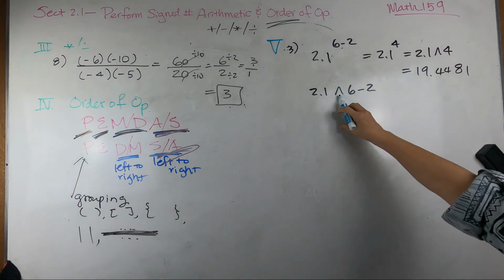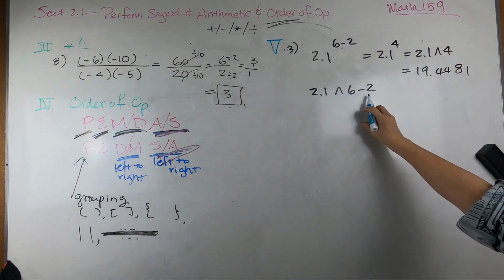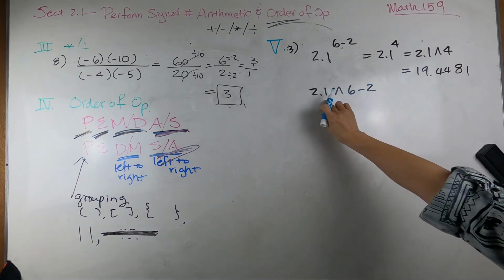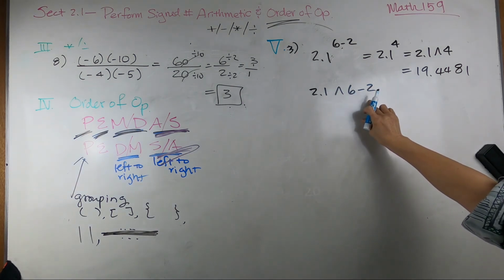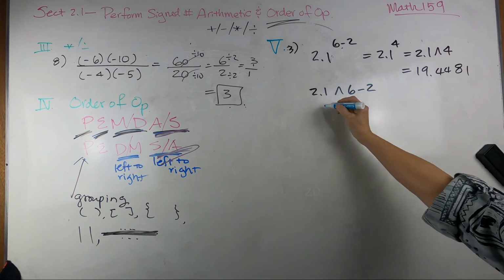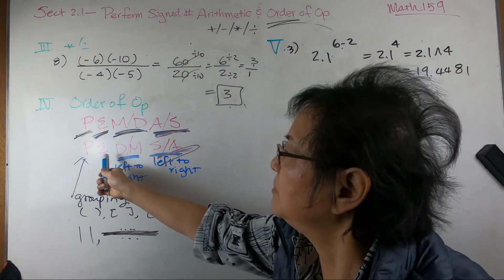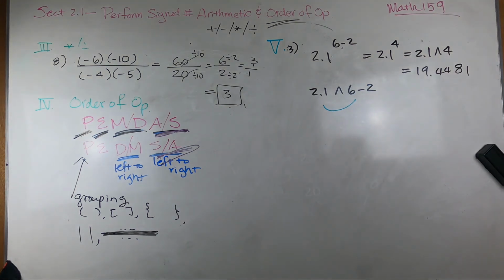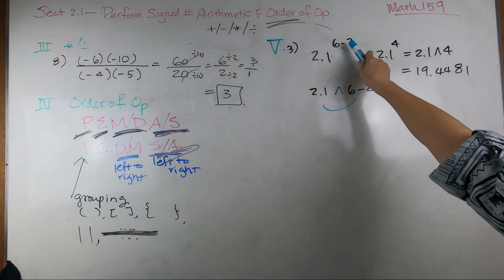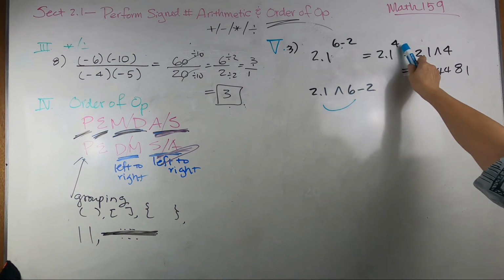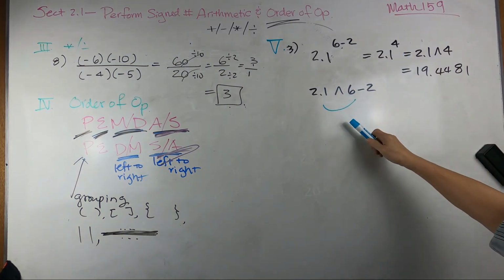Okay, if you do it in one shot like this on the calculator, what will happen? This one is the power, and then minus 2. If you type this into the computer or calculator, it will do the power first before you minus 2, right? Power before subtraction. But we do need to take care of the power, because the power actually is 4. It's not a power of 6.